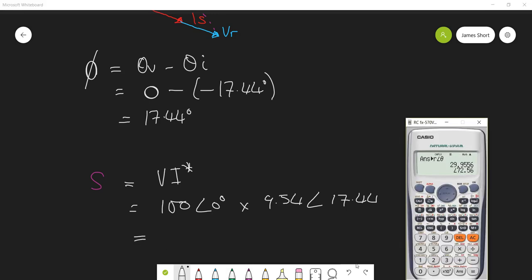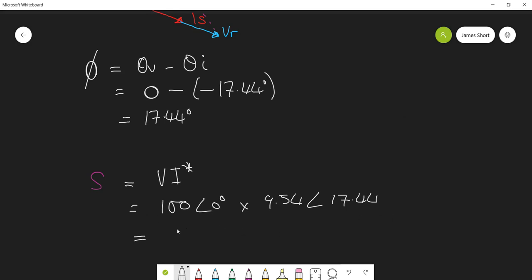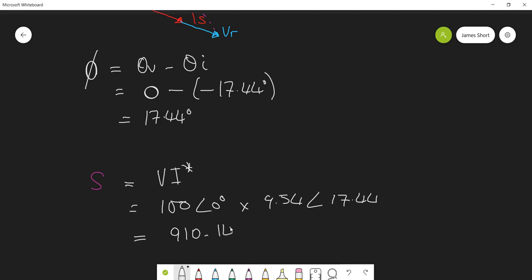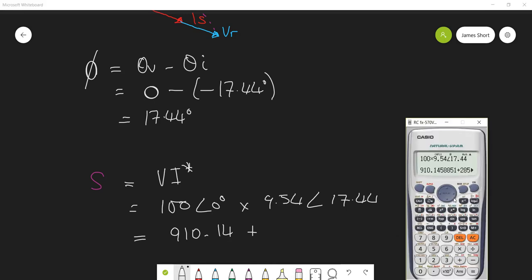What we end up with is 100 times 9.54 at an angle of 17.44, and that is 910.14 plus 285.92 j.